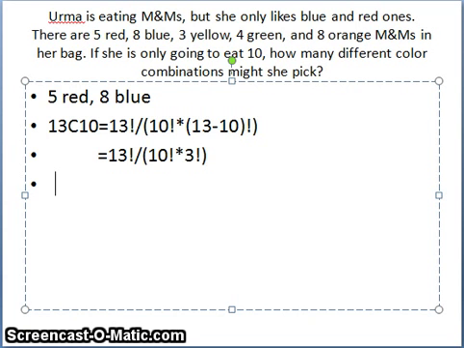Right, and I can even make my life a little bit easier for putting things in the calculator and do 13 factorial divided by 10 factorial times 3 factorial, which is 6. Okay, so now I'm going to put it all into the calculator and see what I get.